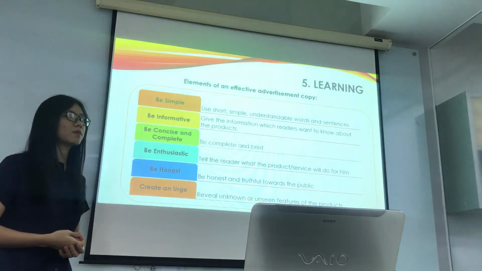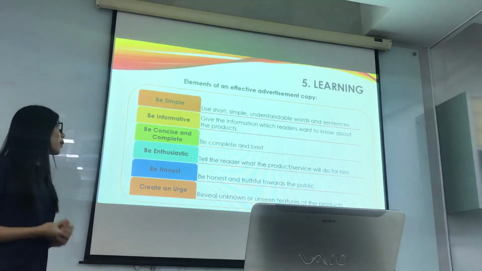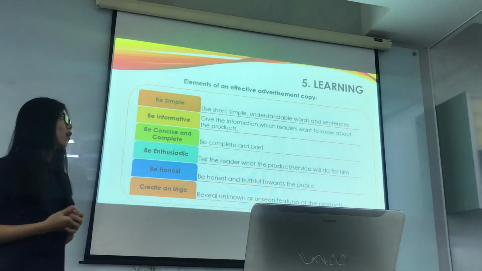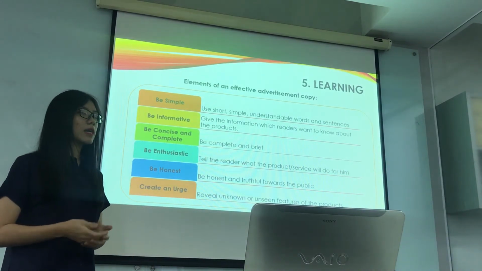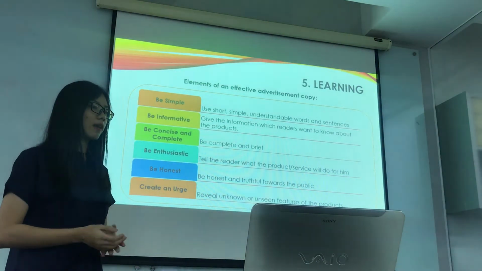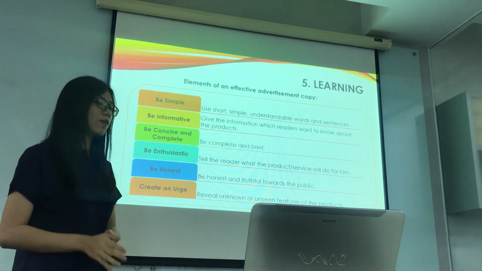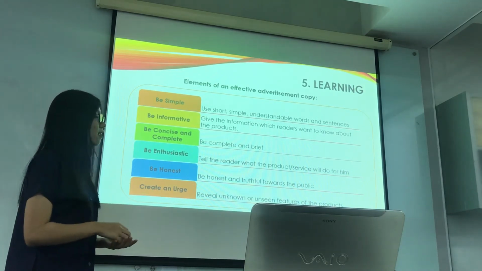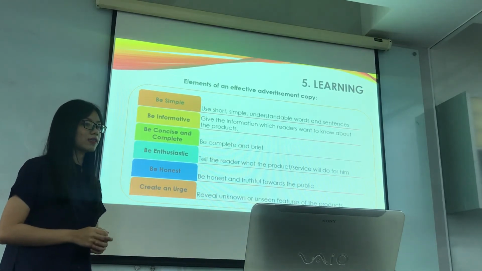And you must be informative and give the information which readers want to know about the product. The product must be clear about its benefits. People will understand which benefits they can have from your product. That's the basic standard for their purchase behavior. And it must be concise and complete. The content of the advertisement must be complete and brief, so it is easy to understand.